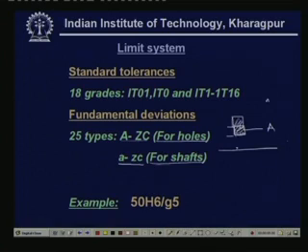Look, the fundamental deviation is A, but I am giving more tolerance to the manufacturing. And if it is IT16, then the tolerance again increases. That means here one manufacturer can be very comfortable because he has got a wide tolerance. So this is the basic fundamental idea.